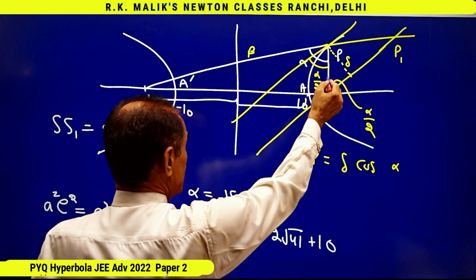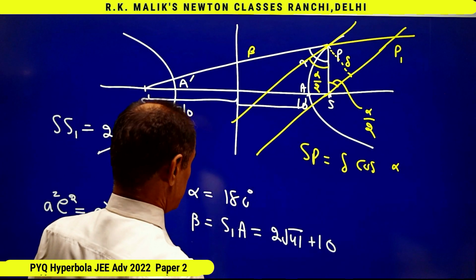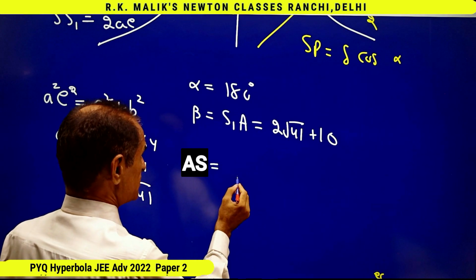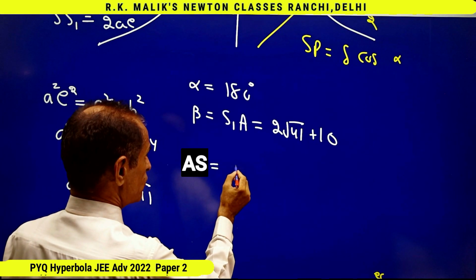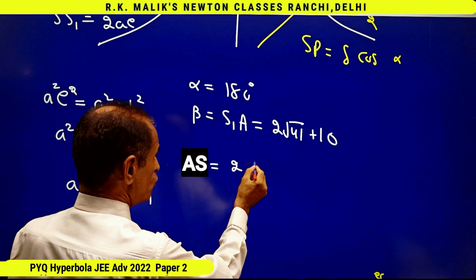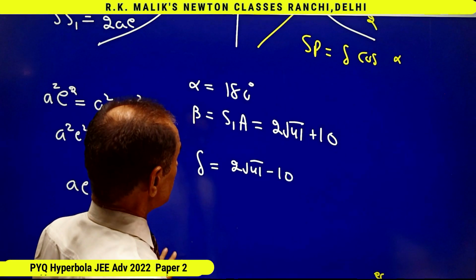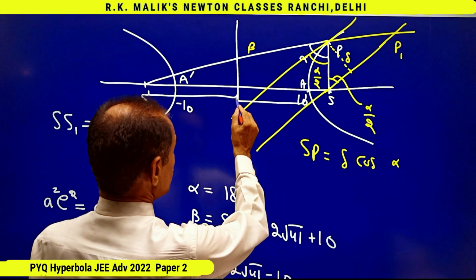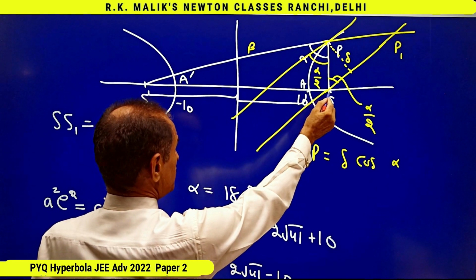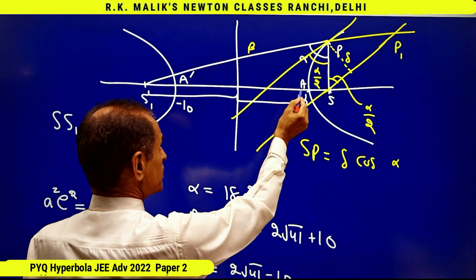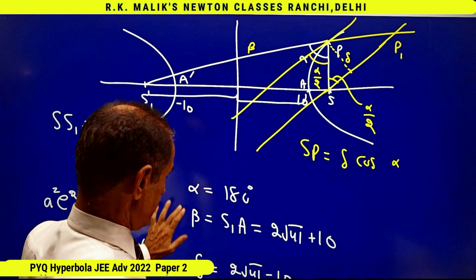And obviously delta will be AS, that is, it will be 2 under root 41 minus 10, because the length from here till here is 2 root 41 and the length from here till here is 10.